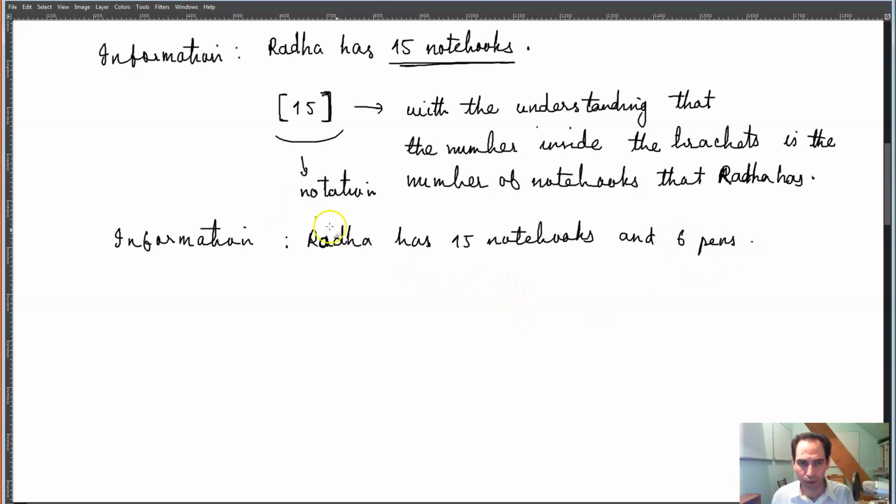Right? So you might express this information as 15, some space, and then the number of pens over here, and then use the same type of bracket here.